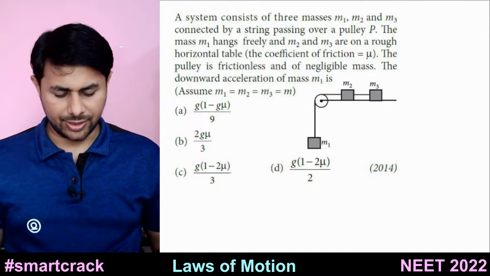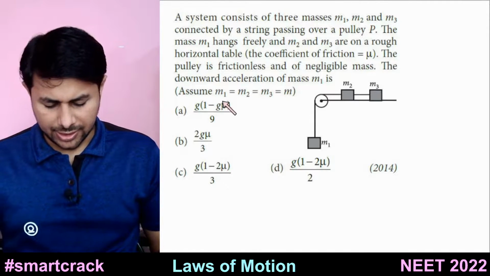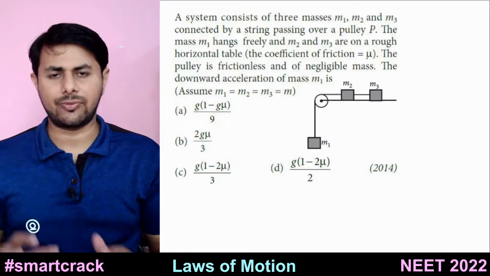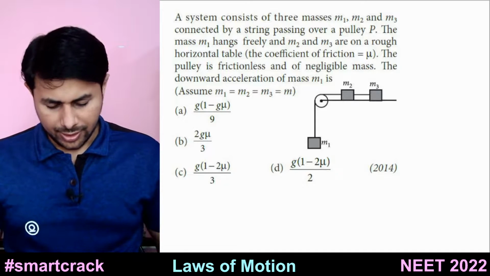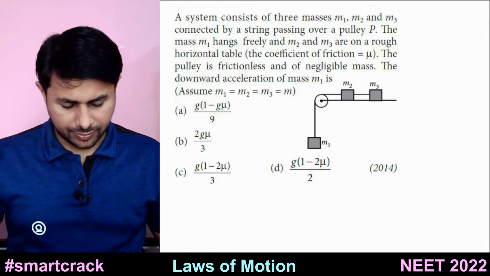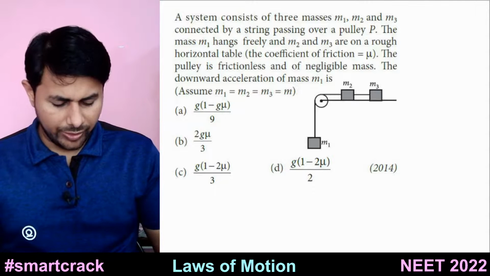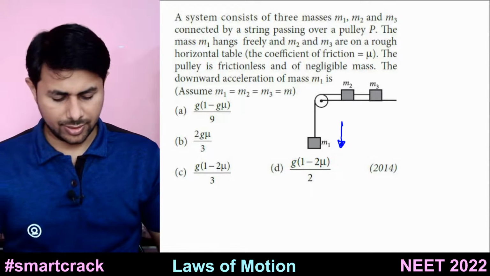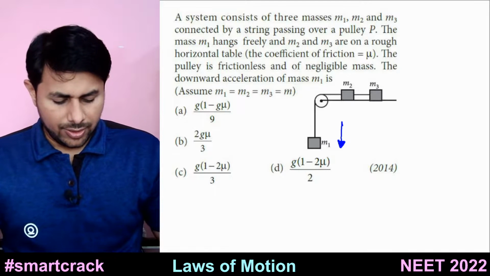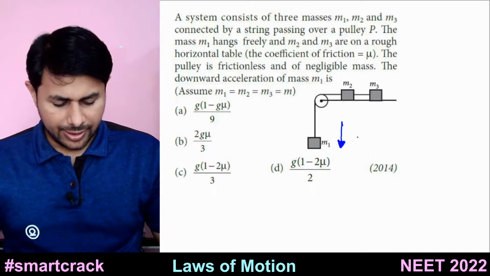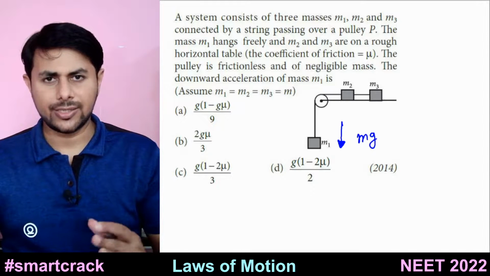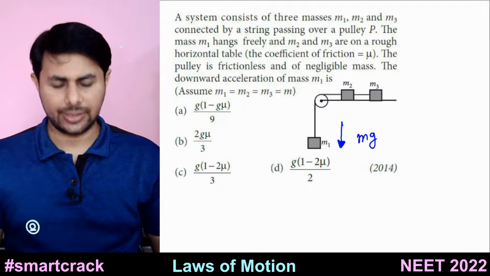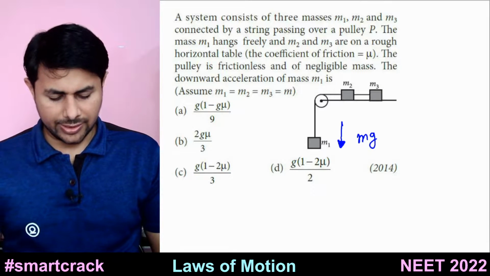We have to find the downward acceleration, and it's given that m1 equals m2 equals m3, equal to m. All right, let us try to solve this. What will be the net force? Net force is downward, suppose. So net downward force is mg, because masses m1, m2 and m3 are equal. And what is the opposing force?